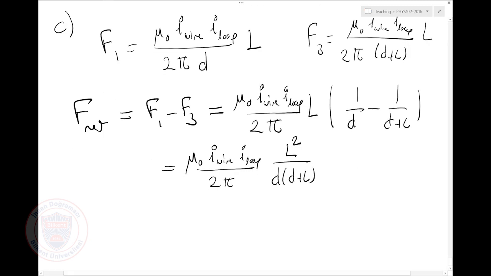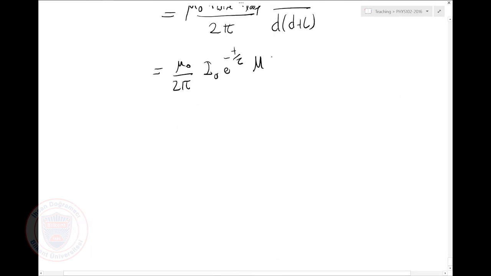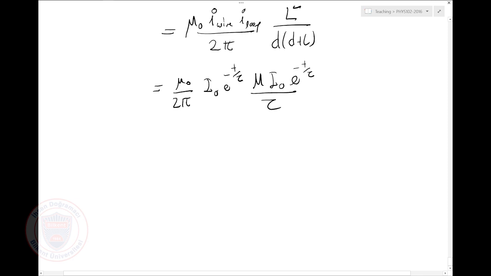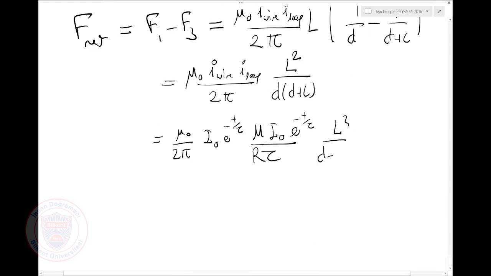And I know what I loop and I wire are. Mu 0 over 2 pi, I wire is I0 e to the minus t over tau. I loop is M I0 e to the minus t over tau divided by tau and R. And then here I have L squared over D times D plus L.